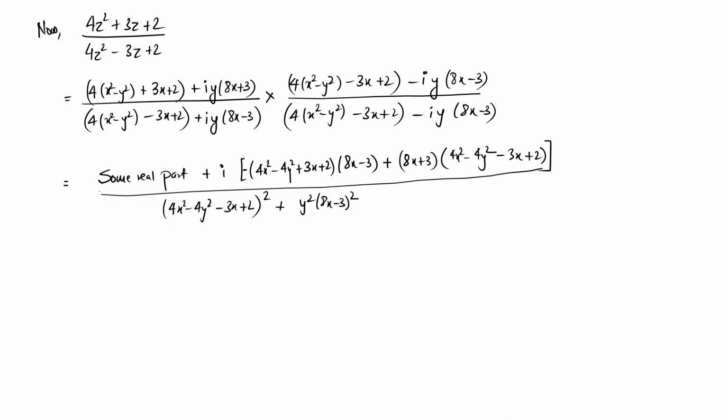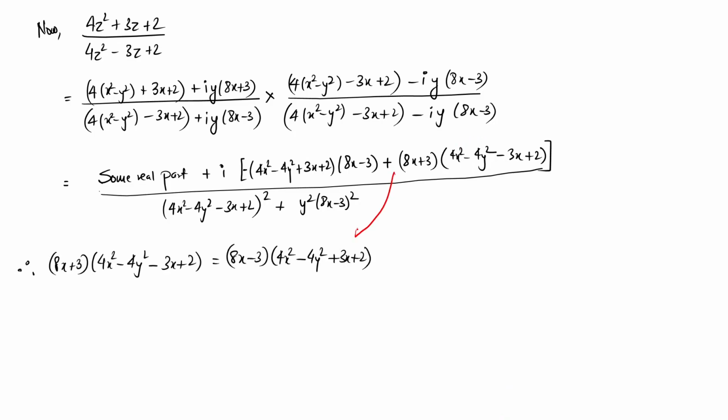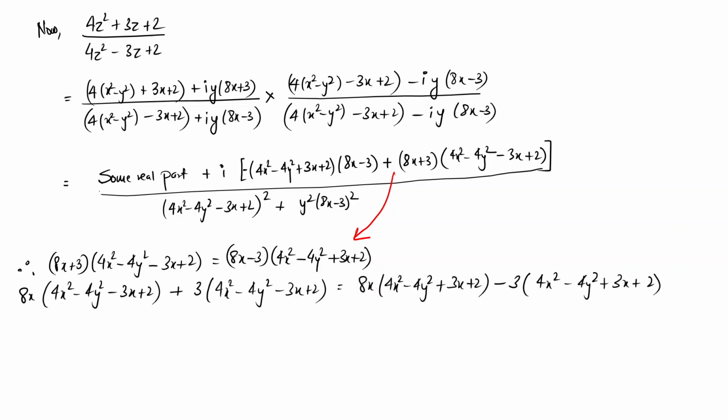So we can just take the imaginary part and put it equal to 0, and this will give us this equation. And from here it gets more cumbersome, but it's not that difficult. You can manage it still and cancel out things.